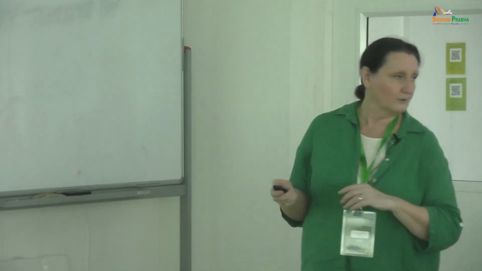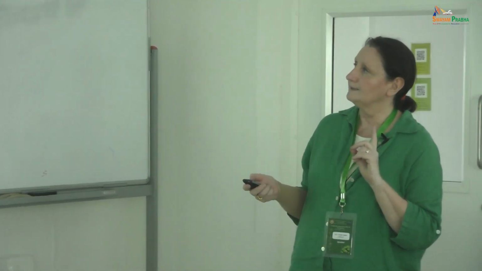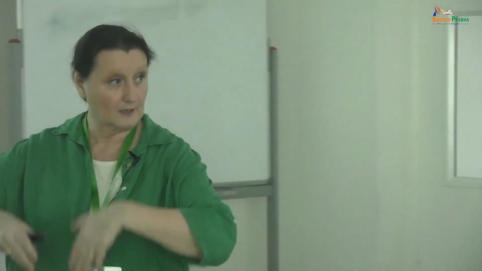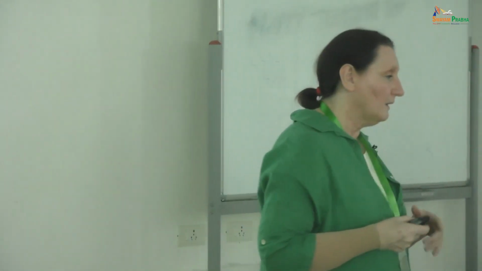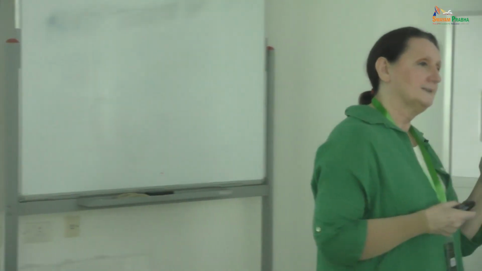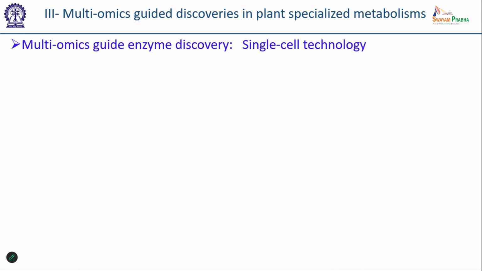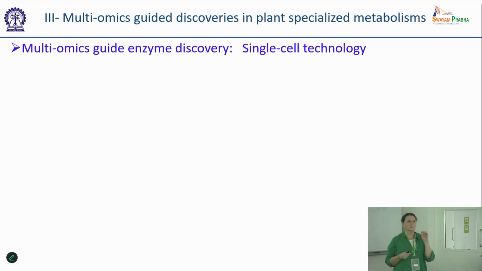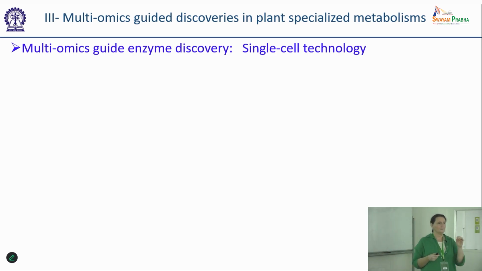Yes, it's a workflow of that. And to finalize, my last two slides are just to open your mind to what is happening now. We now have the possibility to make this type of study at the level of a single cell. That means that, as you have seen, some metabolites are specifically produced and accumulate in one type of cell.